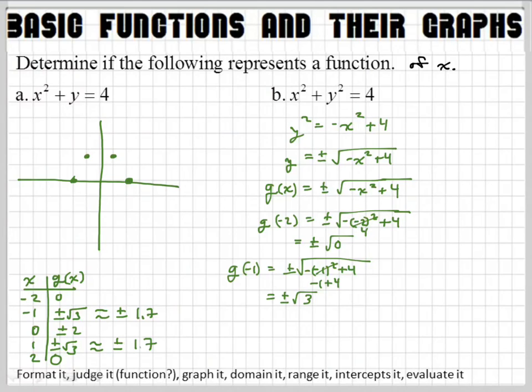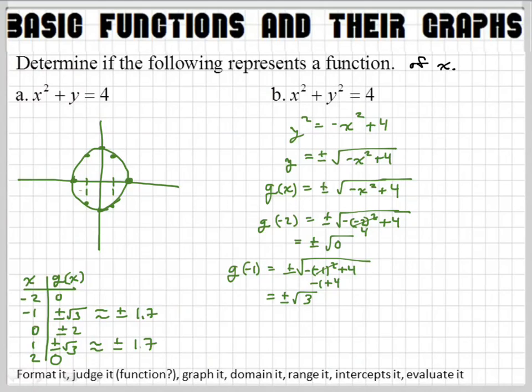And actually at +1, let me put the other point there. It's also right there. So it has 2 points at +1. And then at -1, it's at positive 1.7 and negative 1.7. At 0, we're at 2 and -2. So when we finish graphing it, it's supposed to be a circle. It looks kind of not like a circle, but that's what it would look like.